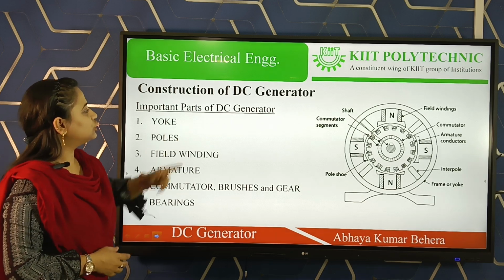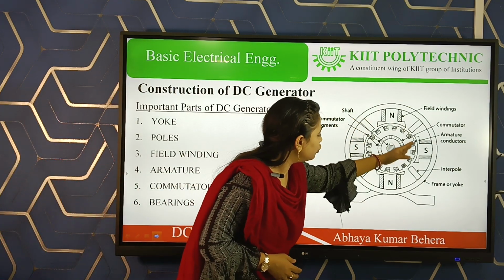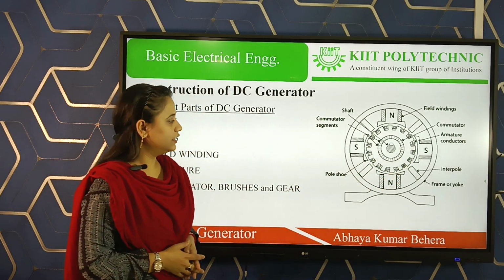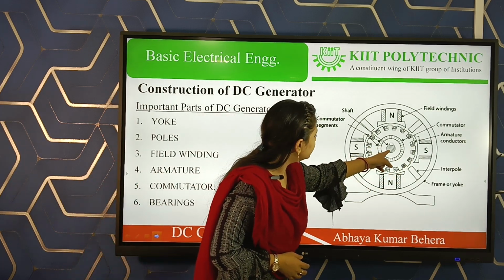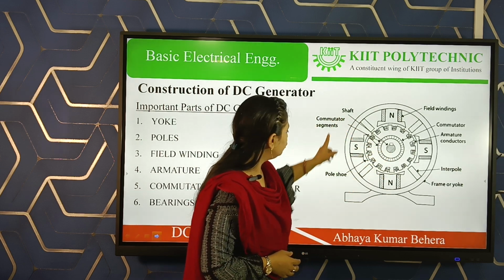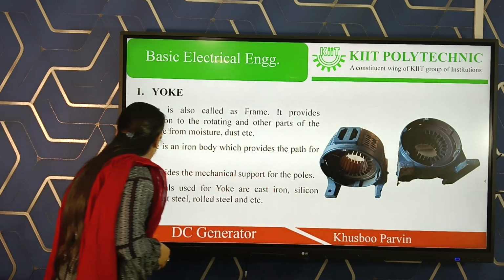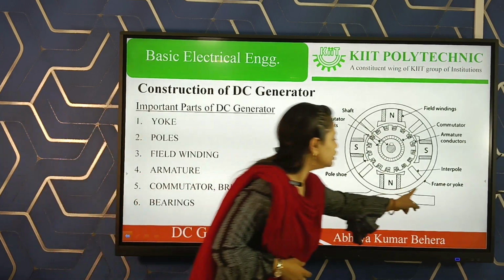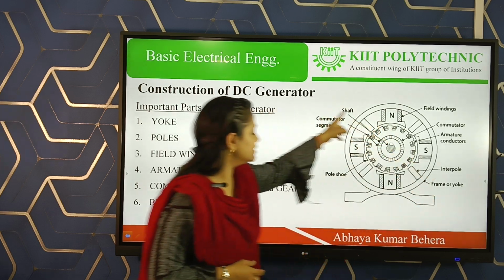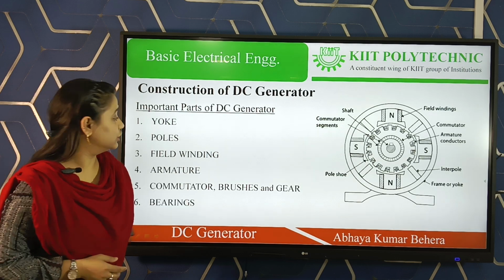So, construction of DC generator. This is the construction of a DC generator. At the center you can see the shaft. The outermost part is known as the frame or yoke, which is the outermost part of the DC machine or DC generator.